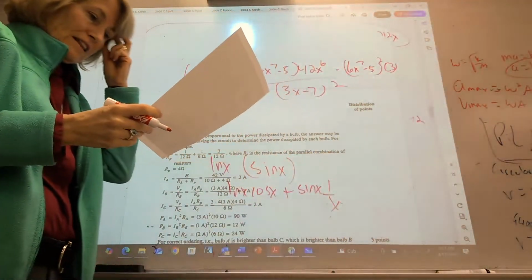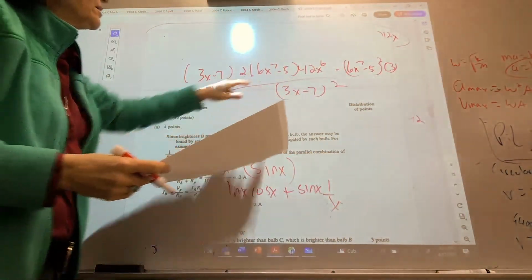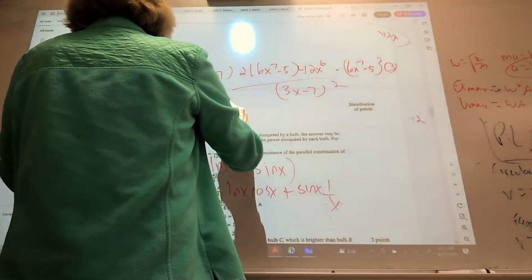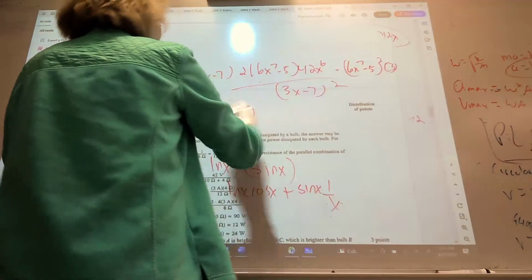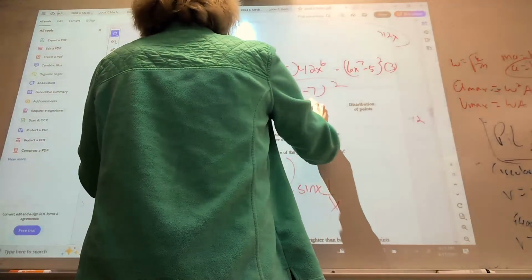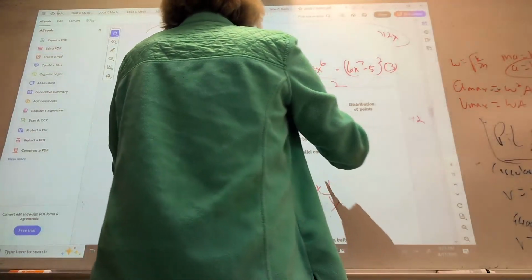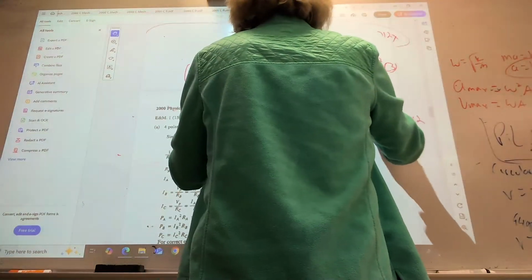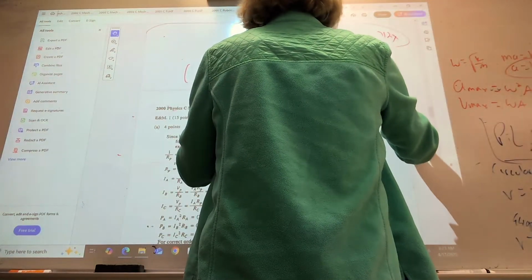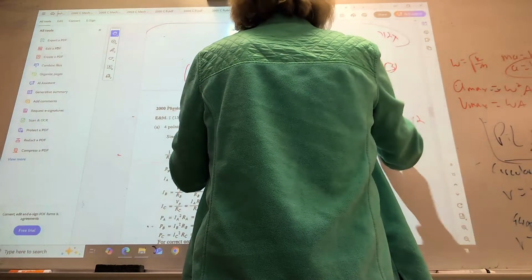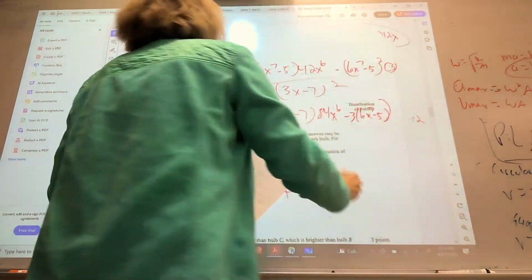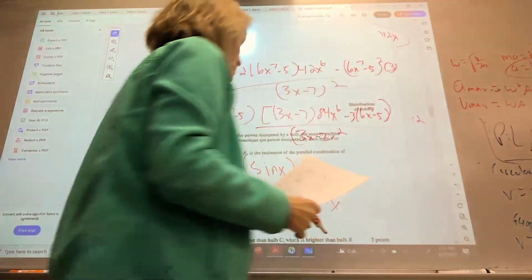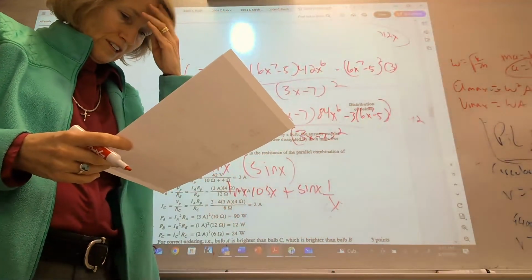If I simplify that, I'm just going to pull out this 6x to the 7th minus 5. What do I have left then? I have 3x minus 7, 84x to the 6th, minus 6x to the 7th minus 5, one of those left, times 3, all over 3x minus 7 quantity squared. I think that would be enough simplification.